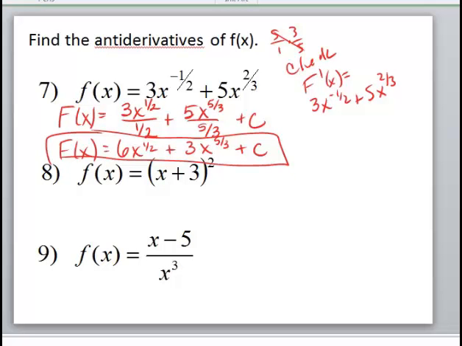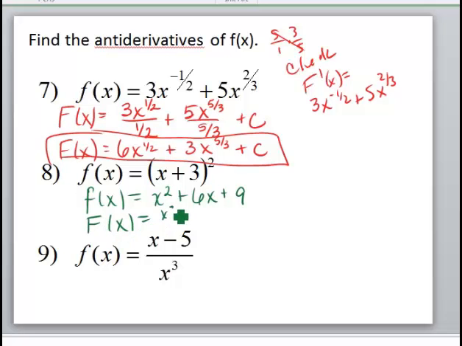More antiderivatives. So on this one, we don't know special rules yet for antiderivatives, which we will learn. So what we need to do is go ahead and we're going to FOIL this out first. So I've got x squared plus 6x plus 9. So we're going to multiply the polynomial x plus 3 times x plus 3. And then we're going to find the antiderivative of this.